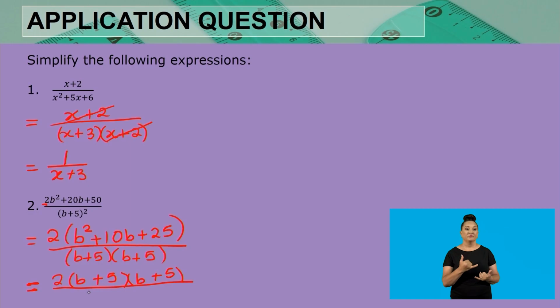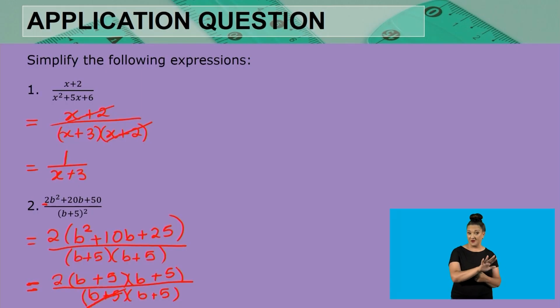As the denominator there, we have a b plus 5 in one bracket, and a b plus 5 in the other bracket. But before we can even continue, we don't even need to multiply those 2 binomials as the denominator, because we notice that there are binomials that are the same at the numerator and at the denominator.